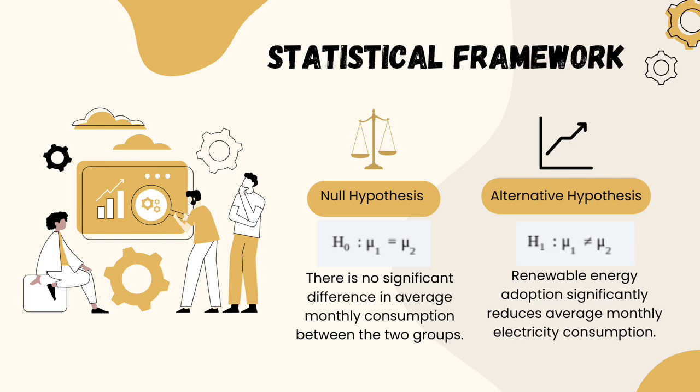Number two is the alternative hypothesis, or H1: renewable energy adoption significantly reduces average monthly electricity consumption compared to non-renewable sources. Our objective is to determine if we have enough statistical evidence to reject the null hypothesis.